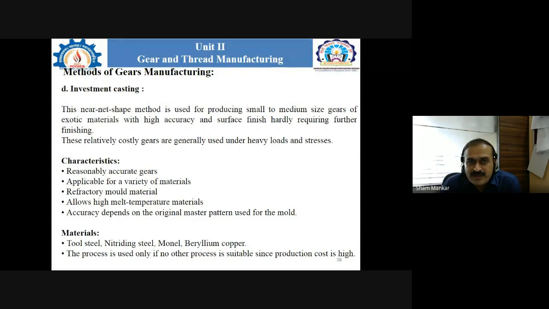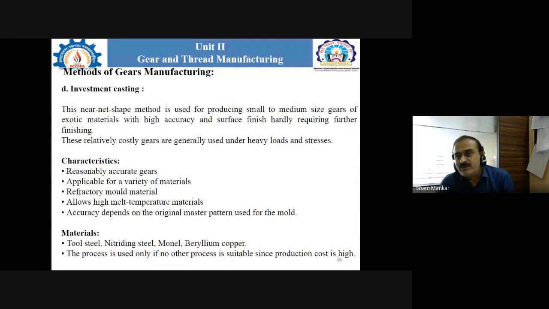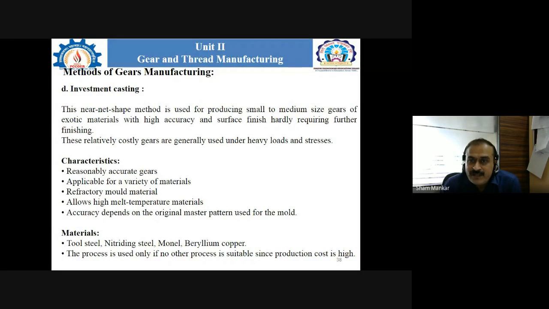So normally when we consider this process for making the gear, we may call it a near net shape method. Okay, so the exact shape and dimensions of the gear, normally from small size to medium size gears, are produced with high accuracy and excellent surface finish with the help of the investment casting process.